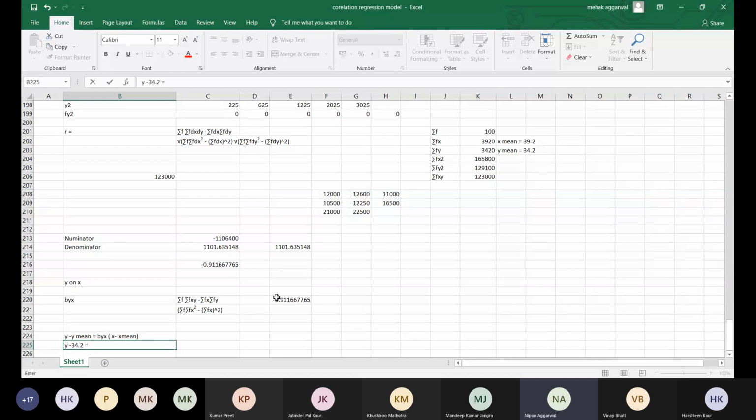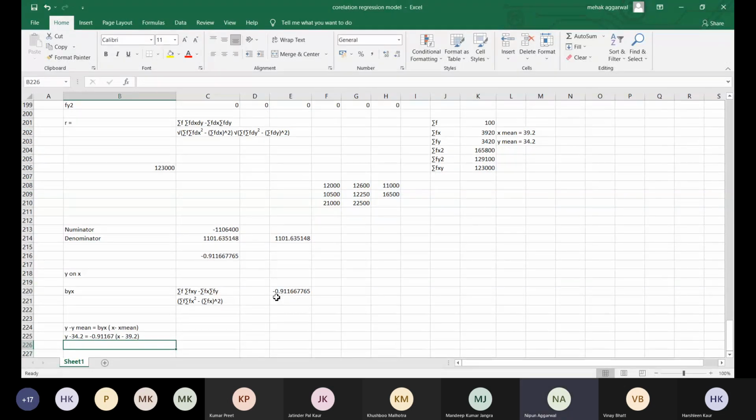Byx we have calculated as minus 0.91167, into x minus x mean, which is 39.2. Now you can cross multiply this equation and find the value of y in terms of x. Whatever constant comes, that will be the value of the intercept. In that way you can find the coefficient of correlation and regression of the grouped data.